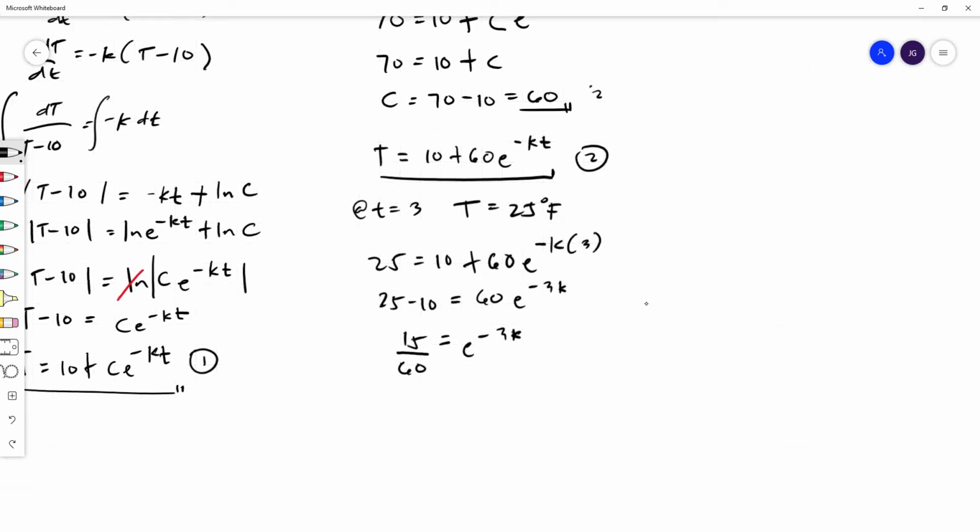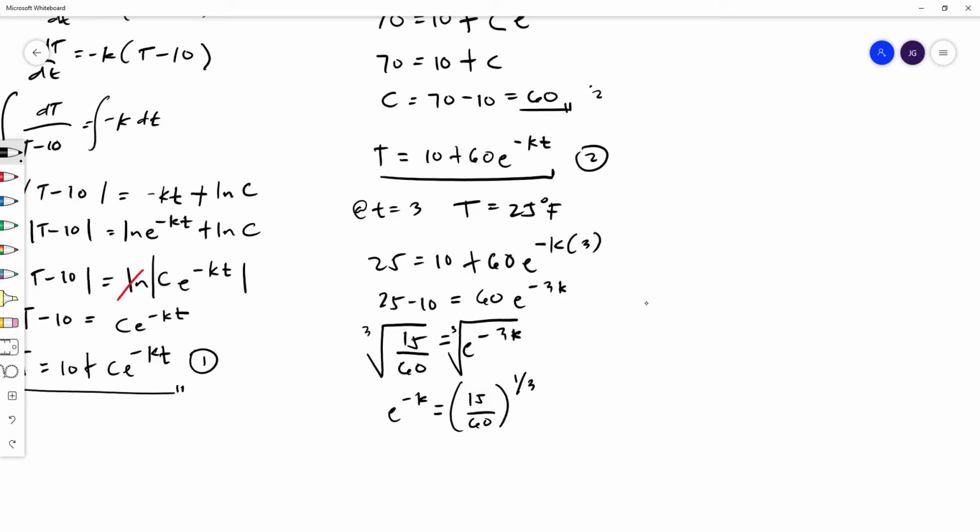Okay, thus our e raised to negative k is equivalent to 15 over 60, this is raised to 1/3. Okay, we just need to get the cube root of both sides.